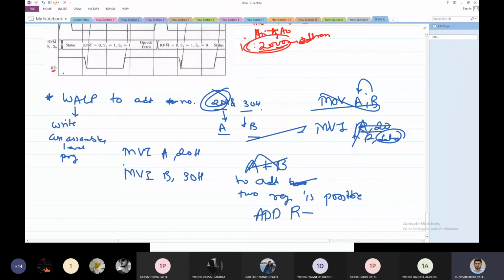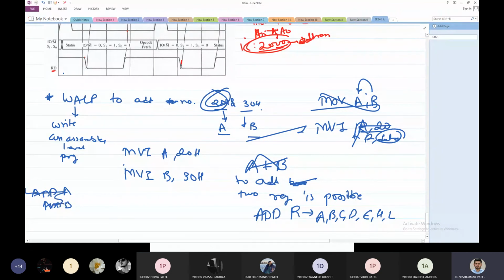ADD R. What is R? R can be register A, B, C, D, E, H and L. So if I want to add register A and register B, I should write ADD B. Then the question is, where is the answer now?